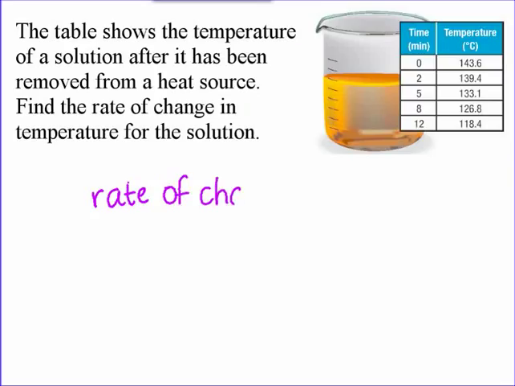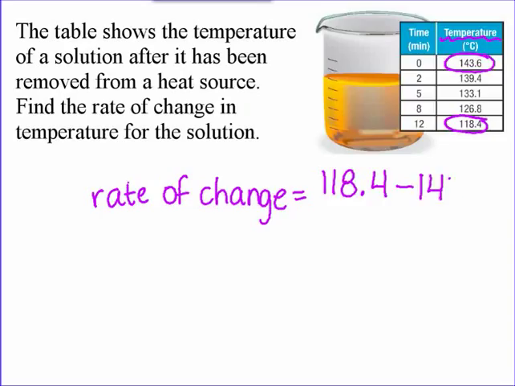The change in y is going to be this temperature column right here. I'm going to pick the latest value, 118.4, and subtract from that the initial value, which is 143.6. So that's my change in y.